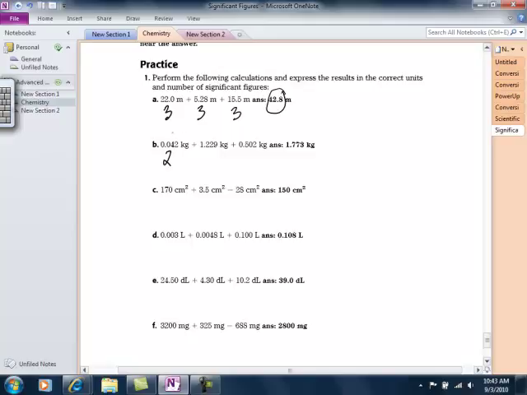Left of a non-zero. Not bounded by non-zeros. Left of a non-zero, not bounded by non-zeros. 4, 3. So my answer can, whoa, 1, 2, 4. Why is that? 4, 3. Yeah.